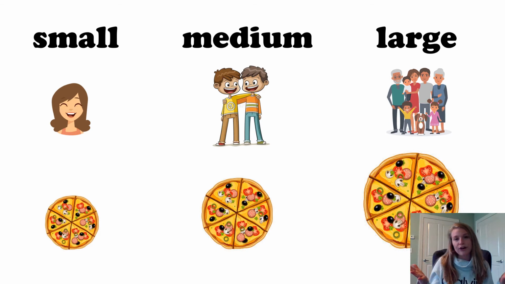So I should order just a small pizza. Remember, in English, we're going to say the adjective first. That's why we're saying small pizza or medium pizza. We're not saying pizza medium or pizza small. That's different in English. We're going to use the adjective like the sizes first.